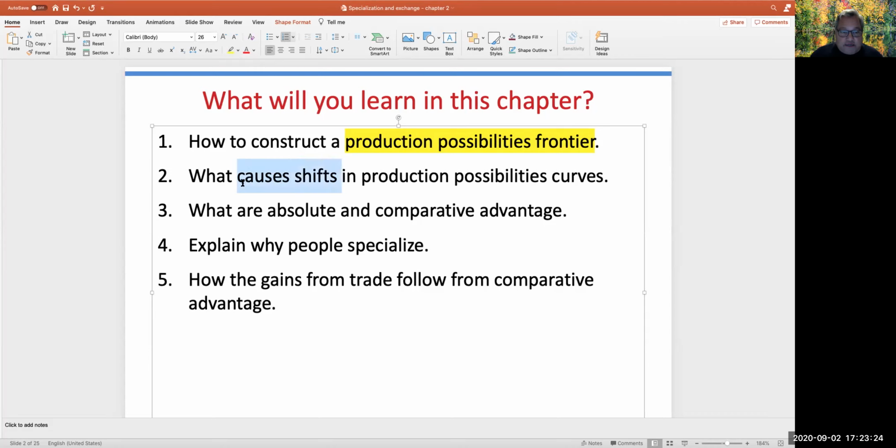So when it says here what causes shifts in production possibilities frontier, we're going to study the factors that go into affecting and changing our production possibilities curves or production possibilities frontiers.